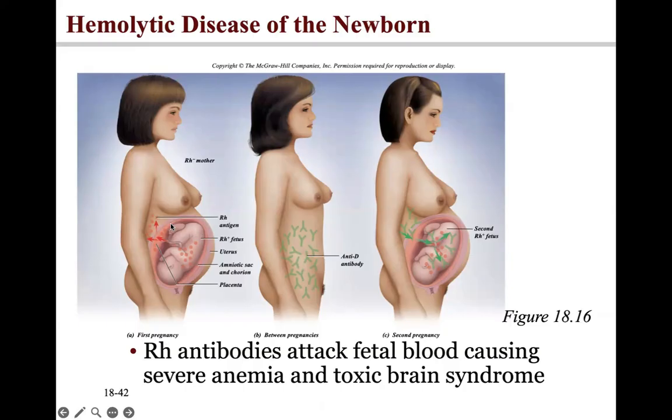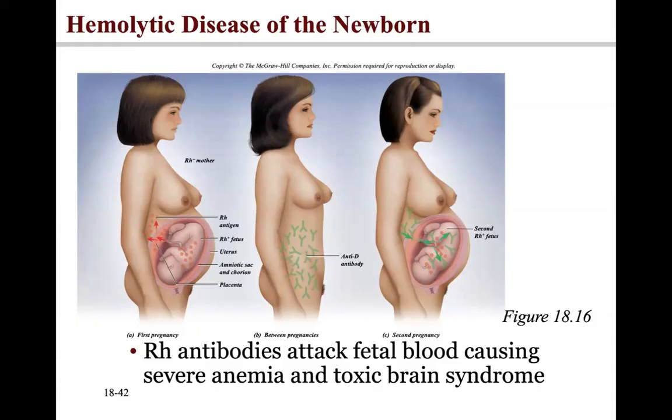However, at the time of birth, or if there is a miscarriage also, there is tearing of the placenta and mixing of the blood. The mother now starts making antibodies for the rhesus factor.